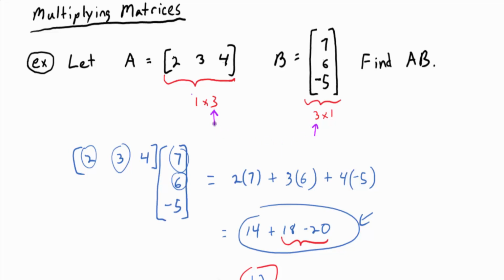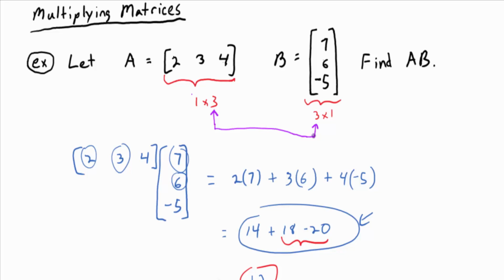In order for there to be that correspondence, if you have a row matrix and a column matrix, you have to have the same number of columns in A, the first matrix, as rows in B. It doesn't matter if it's 3, it could be any number, as long as they match up.